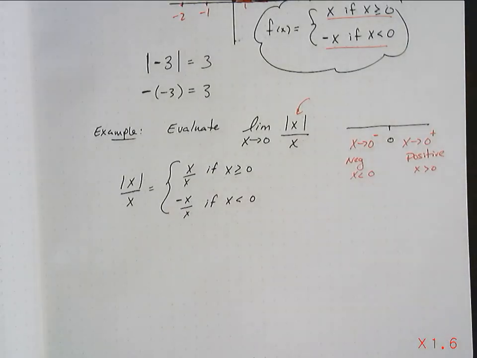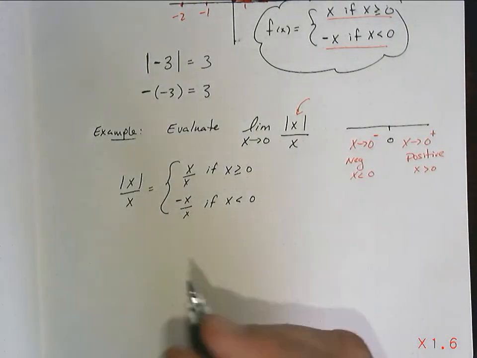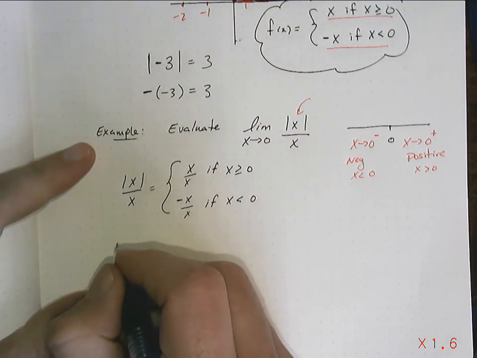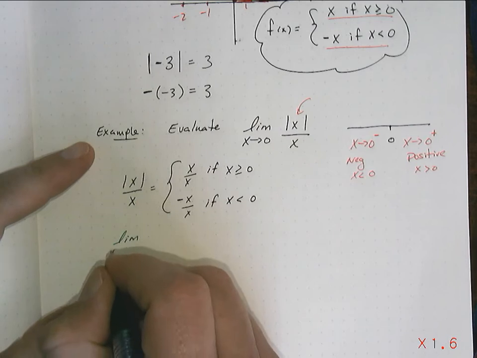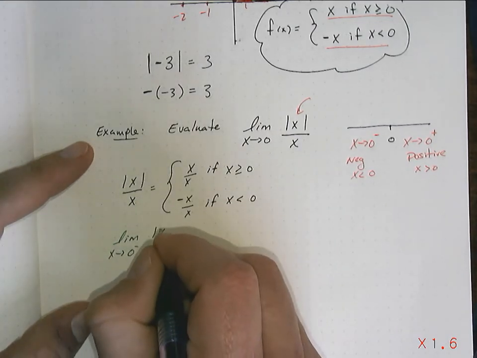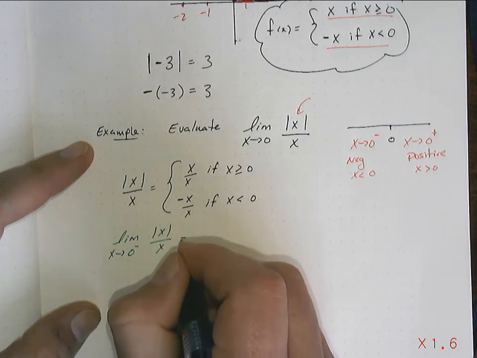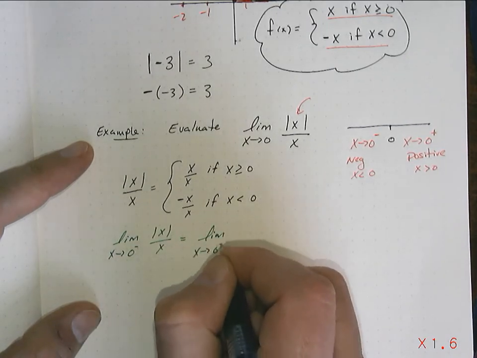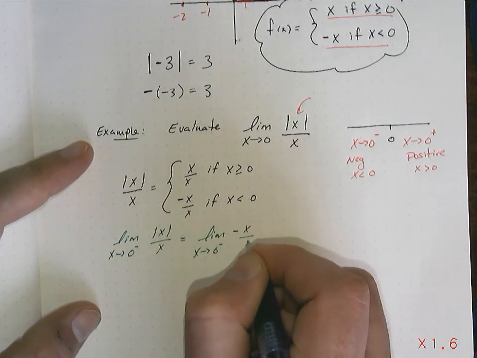So when I go to set up my function, what I'm going to have is the limit as x approaches 0 from the left of the absolute value of x over x, which is the limit as x approaches 0 from the left of negative x over x.